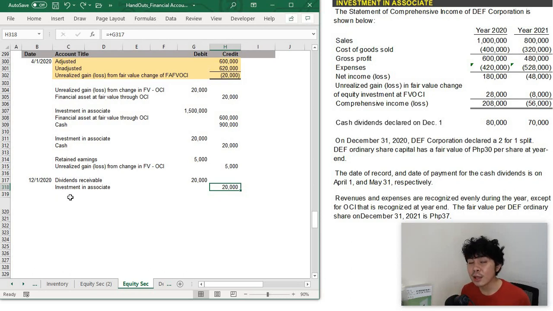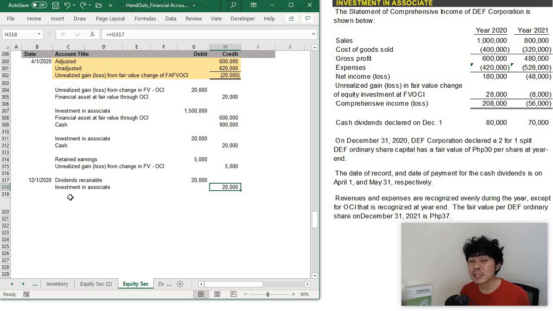And again, under equity method, yung mga galaw sa equity ni associate, dapat gagayahin yon ng investor only up to its percentage of ownership. Pero ang i-discuss lang natin dito is yung mga most common movements ng equity. At yun yung net income or comprehensive income tsaka yung dividends.